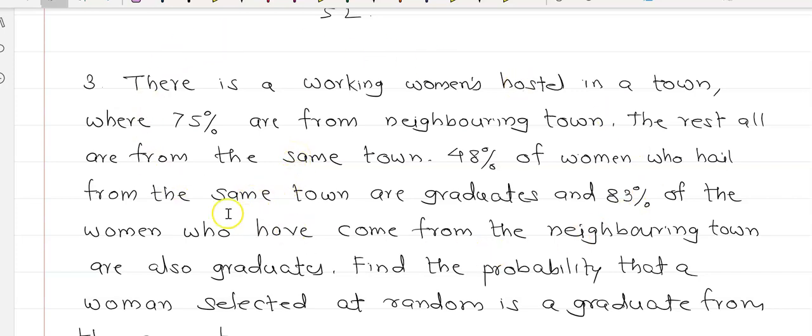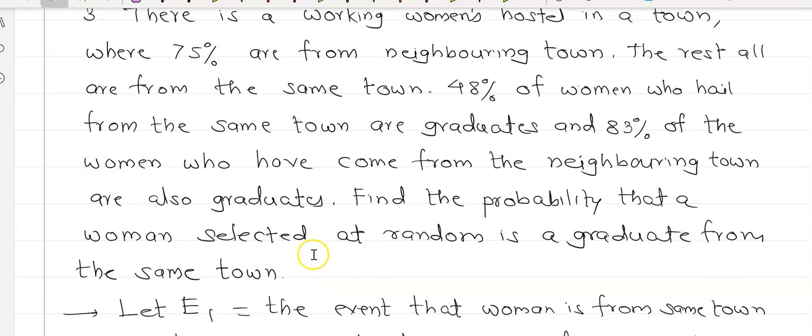To understand the problem, you read the problem two or three times. 48% of the women who hail from the same town are graduates. 83% of the women who come from the neighboring town are also graduates. Find the probability that the woman selected at random is a graduate from the same town.